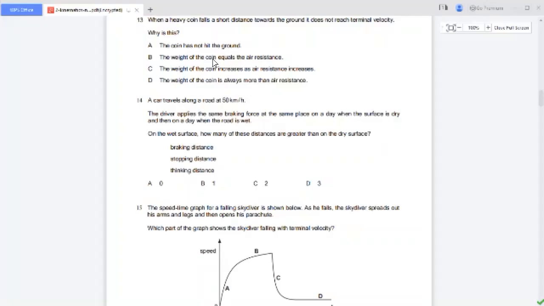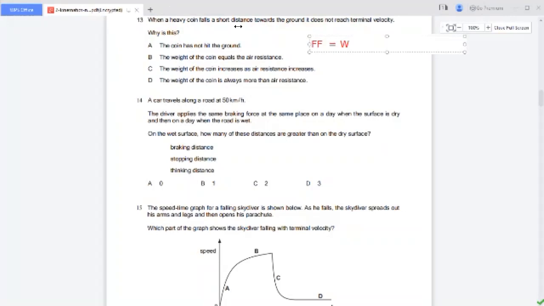Question number 13. When a heavy coin falls a short distance towards the ground, it does not reach terminal velocity. Why is it so? The first thing is, an object achieves terminal velocity when friction force, which is air resistance, becomes equal to the weight of the object.